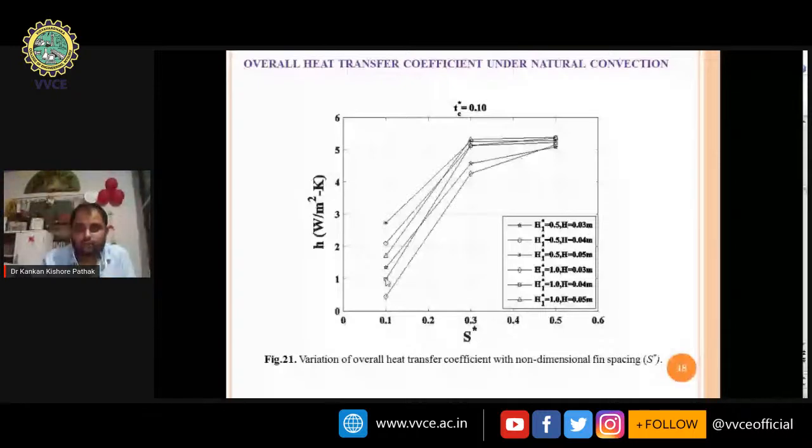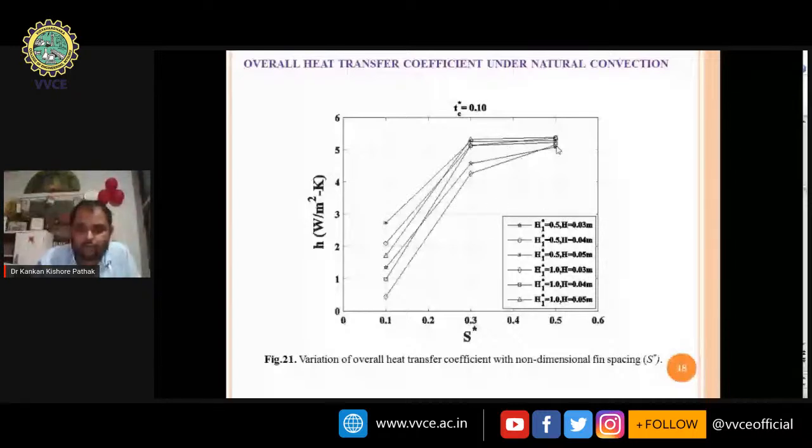That means there is much more improvement while we are using the variable height fin or the dual height fin. Similarly, whenever we increase the height from 0.03 to 0.04 and 0.05, a subsequent improvement is noticed from the use of the variable height fin. And we can say that after 0.3, between 0.5 and 0.3, we have very nominal deviation in the heat transfer coefficient.